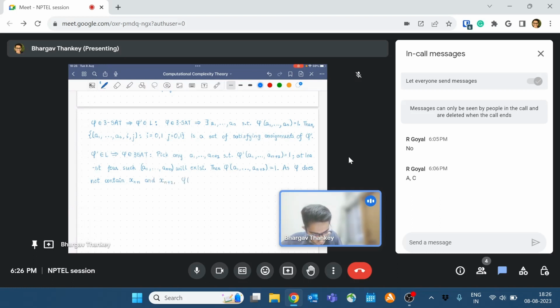So phi of A1 to A(N+2) is the same as phi of A1 to AN. And so A1 to AN is a satisfying assignment. And this means that phi is in 3-SAT.